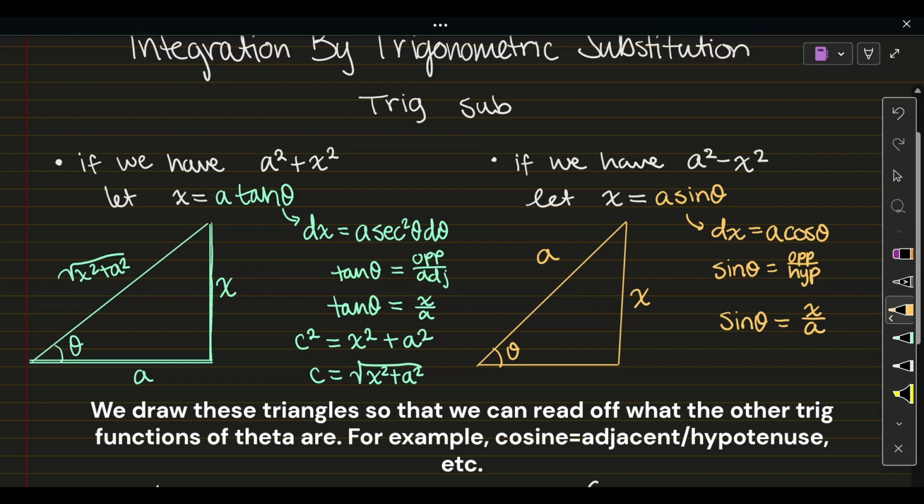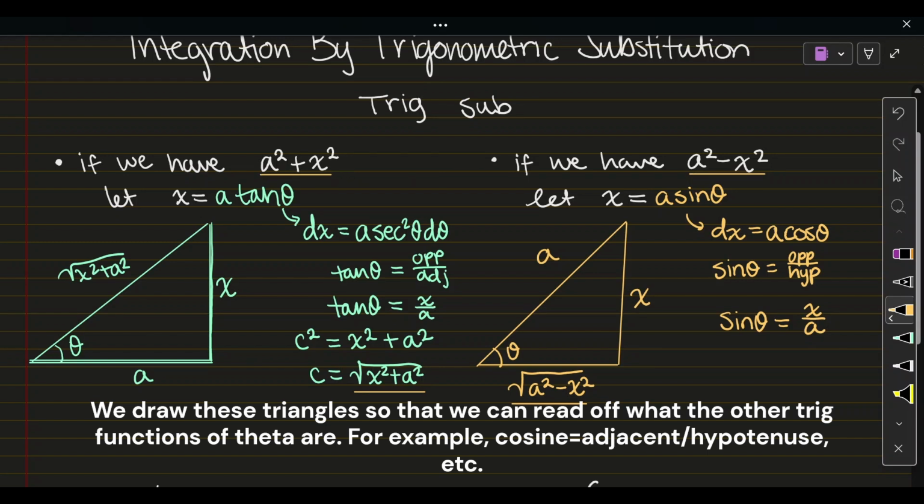And like I did before using the Pythagorean theorem, I can find that this length here is going to be the square root of a squared minus x squared. Now notice that, and this is a very interesting fact, the missing side is the square root of our original expression in both of these. Just something interesting to note.